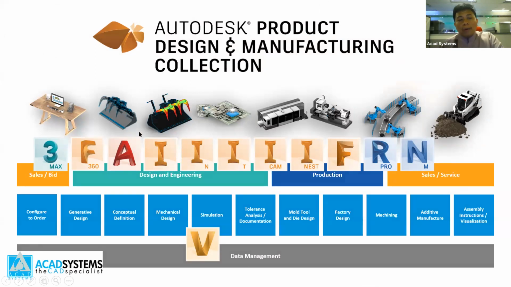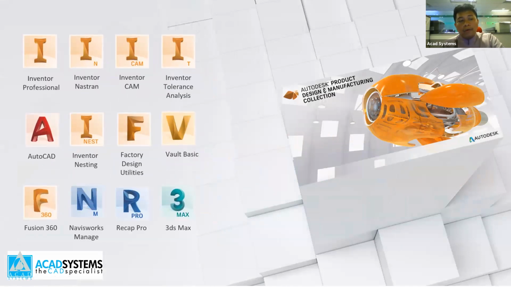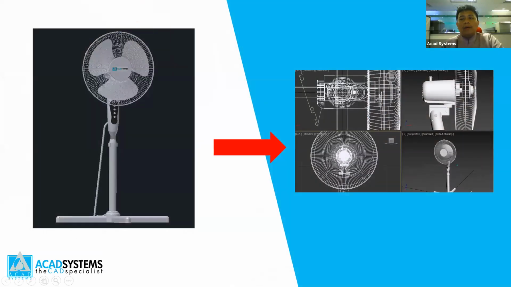For 2D topics, we will not go into detail, but we focus more on Inventor. For example, you already created your 3D modeling and want to transfer it into 3ds Max. In 3ds Max, you can make realistic images and also realistic video. This is our main objective for today.